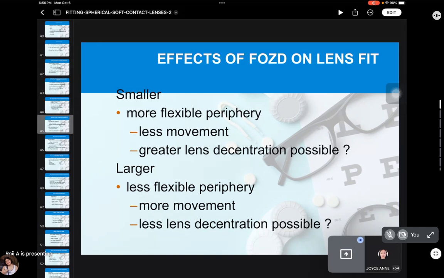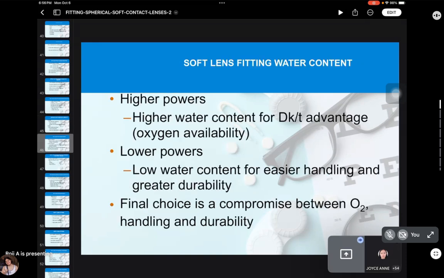We're talking about optic zone diameter, guys. We're not talking about the overall diameter. Please bear that in mind. We're talking only of the front optic zone diameter, not the whole total lens diameter.